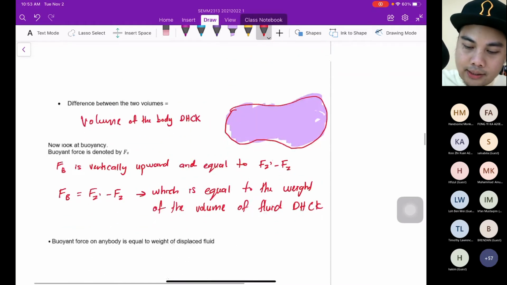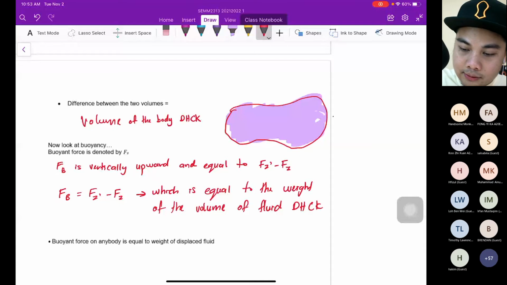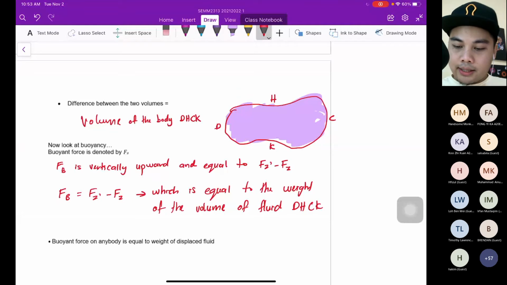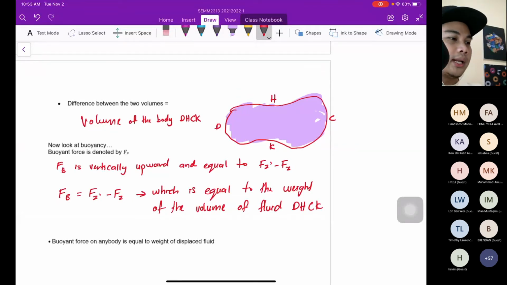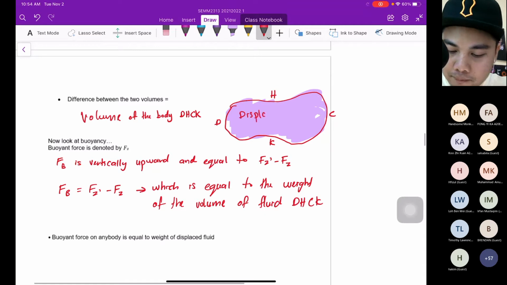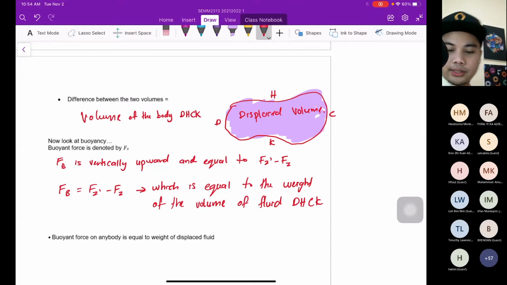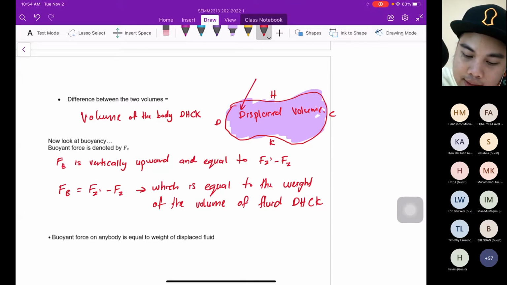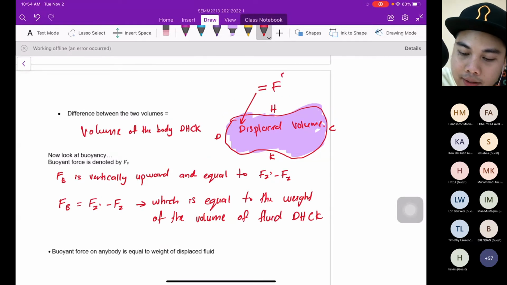This is C and this is D, this is H and this is K. Basically, what I would like to highlight here is FB is equal to the displaced volume. This is what the purple color we call a displaced volume. So this displaced volume is equal to FB.